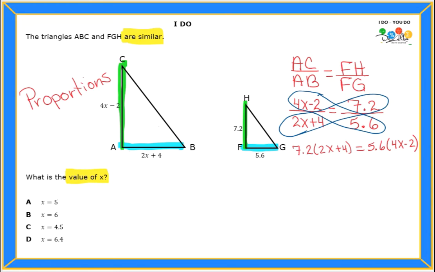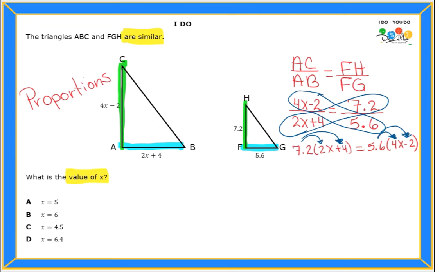Now that I know what I am going to multiply, let's see if you remember we need to use the distributive property. We're going to multiply 7.2 times everything inside, and on the right, I'm also going to multiply 5.6 times everything inside the parentheses. So 7.2 times 2x gives me 14.4x.